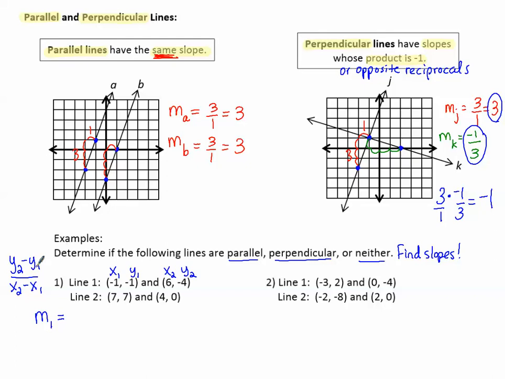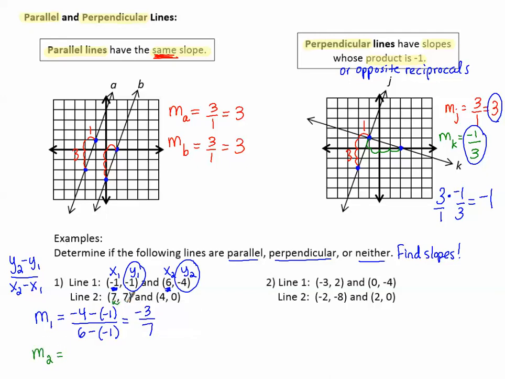So we start by subtracting the y's. Start with the y's. -4 minus -1 over, and now subtract the x's. 6 minus -1. And then we can type it in our calculator or simplify. -4 plus 1 is what that is, over 6 plus 1. There we go, -3/7. Now let's find the slope of line 2.